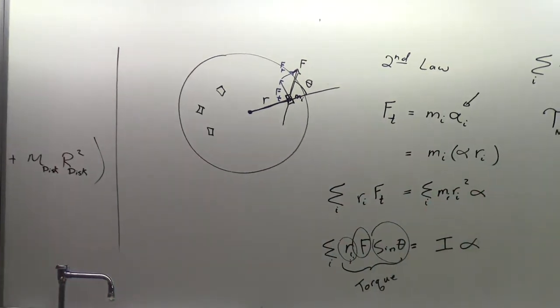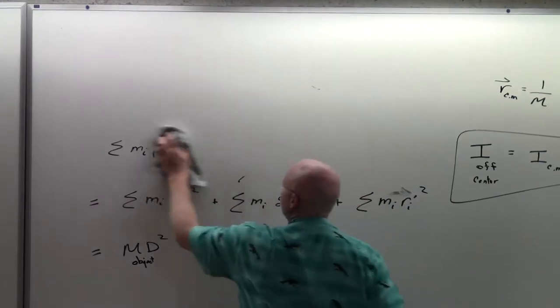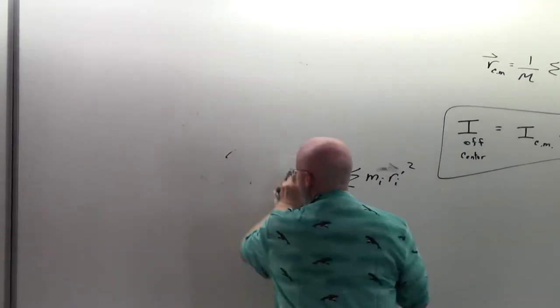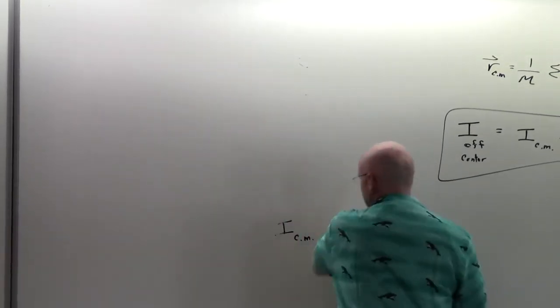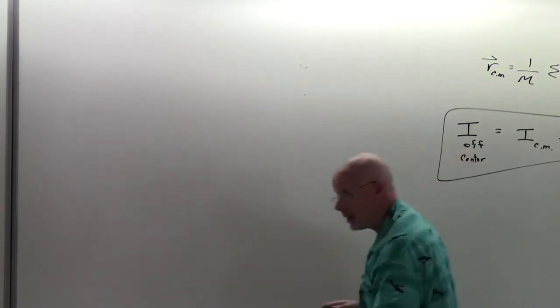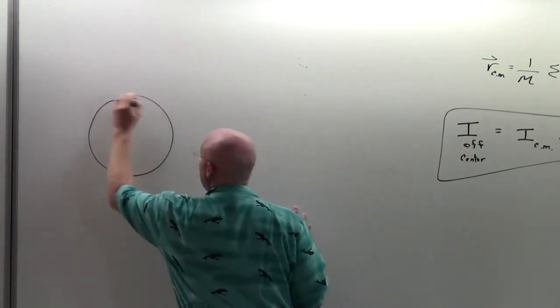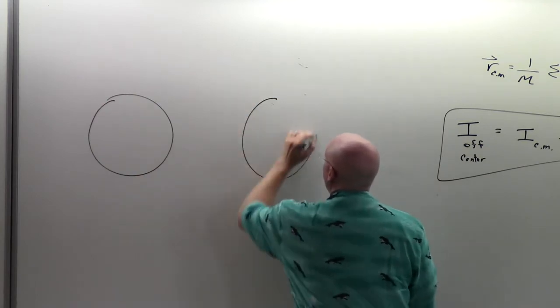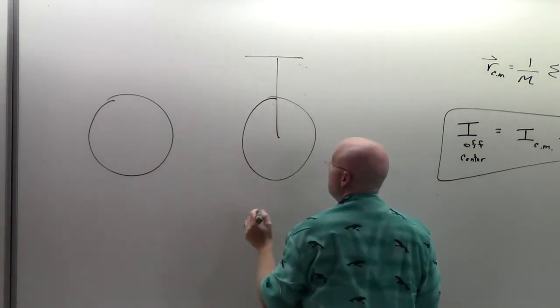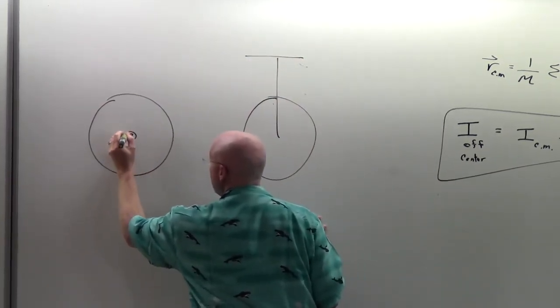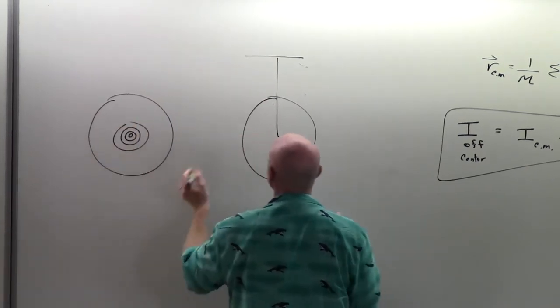Riding a bike, as well as driving a car, although a lot of our cars have an automatic transmission, and so we don't give much thought to it. But riding a bike, most bikes have a multiple gear system.